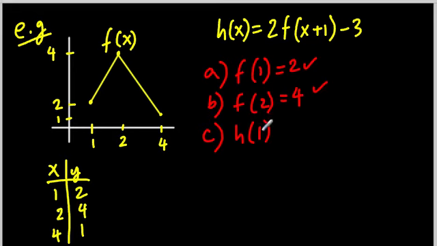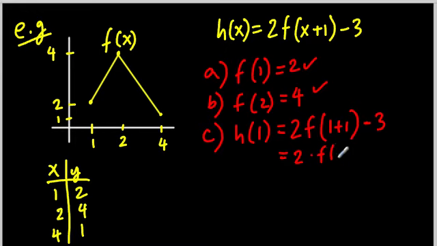So if this is h of 1, that means whatever x is here, I'm going to replace that with 1, and I'm going to replace that with 1. So this is going to be 2 times f of (1 plus 1), close bracket, minus 3. Well, 1 plus 1 is 2, so this means 2 times f of 2 minus 3. What is f of 2?